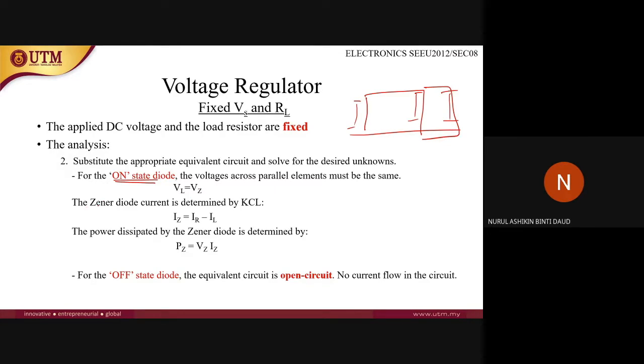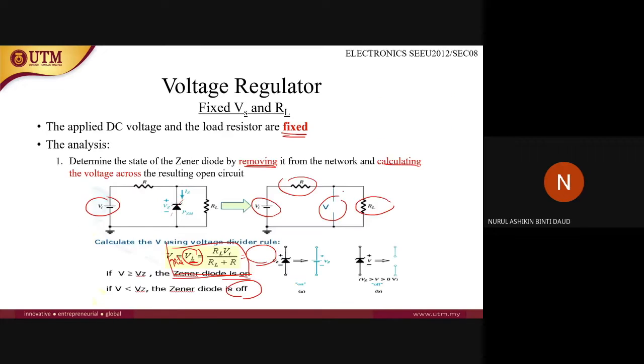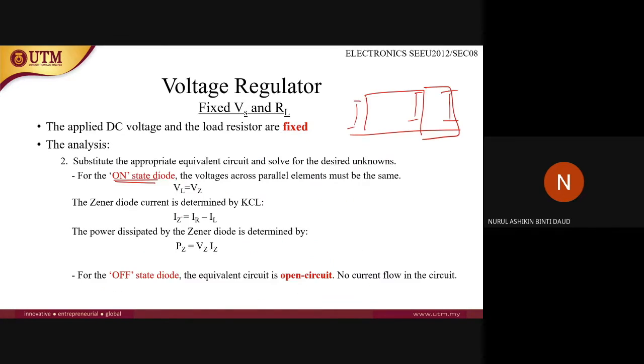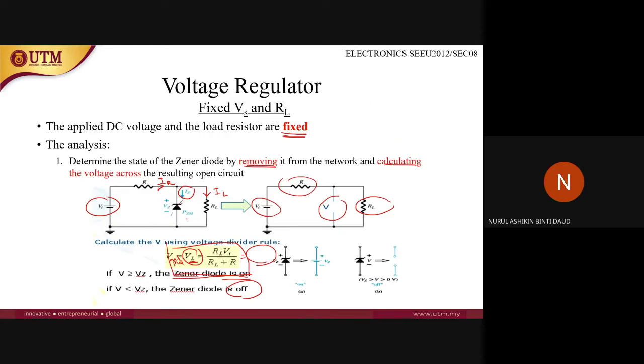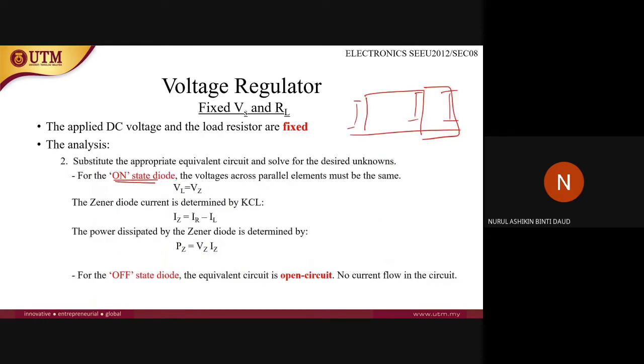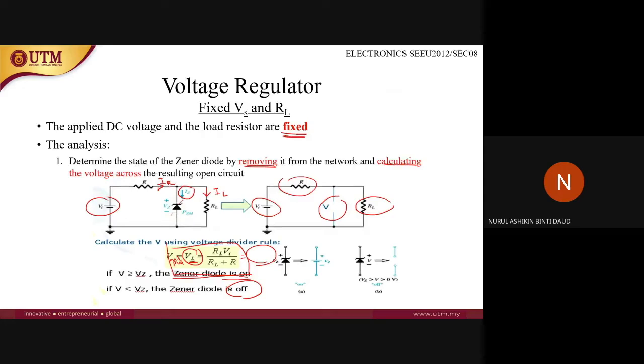So the Zener diode current is determined by Kirchhoff's law. Here this is IZ, this is IL, and this is IR. So IZ is equal to IR minus IL, because the current has been divided into two, right?